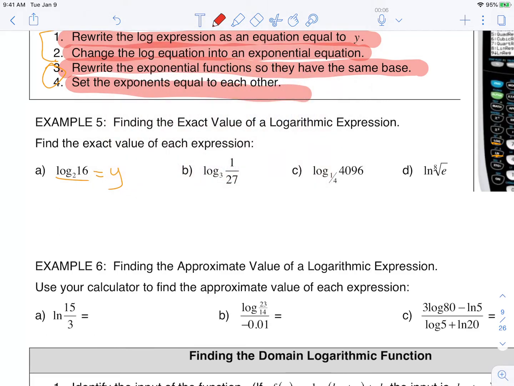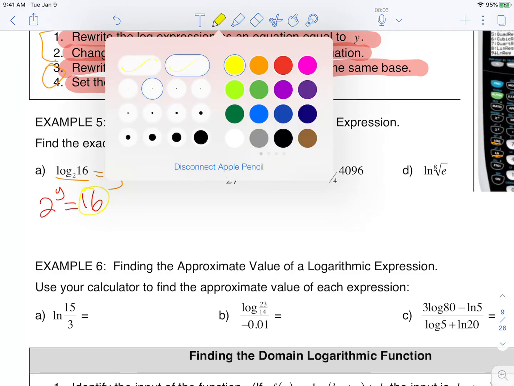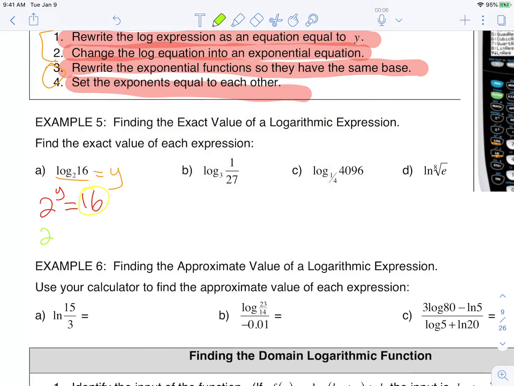And now it's going to be 2 to the y is equal to 16. And then now everything is the same steps as before. So this 16, I know, is a power of 2. So 2 to the y is equal to 2 to the 4th, which means that y is equal to 4.